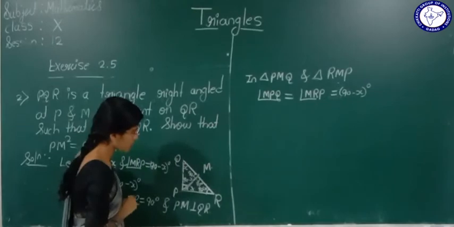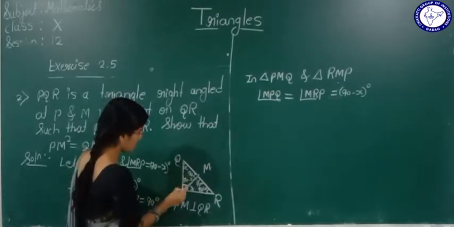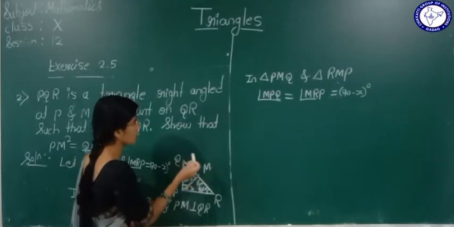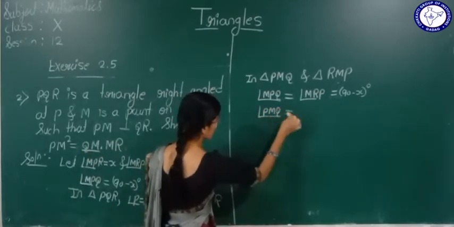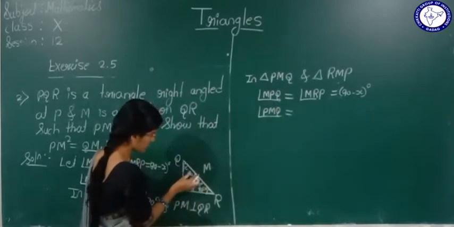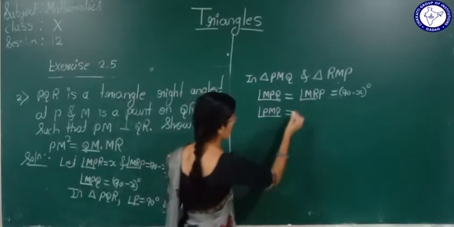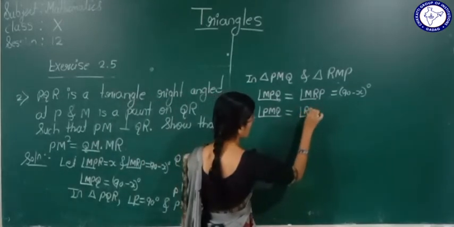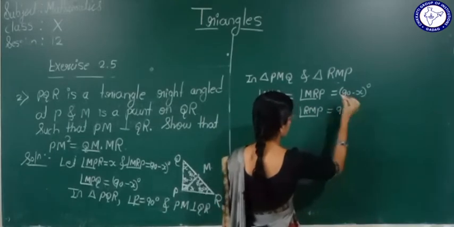Again see, what else is the same? Angle PMQ, here M is 90 degree. Angle RMP is nothing but 90 degree.